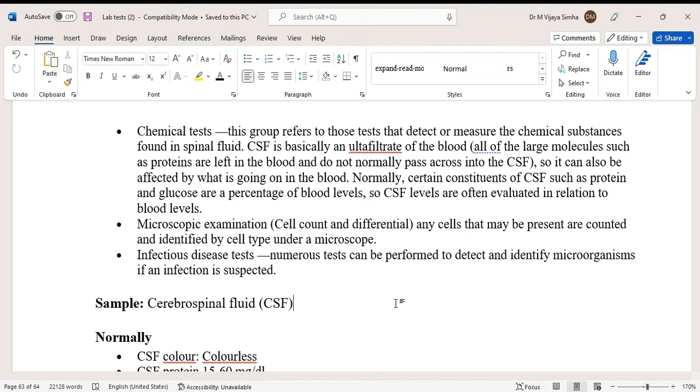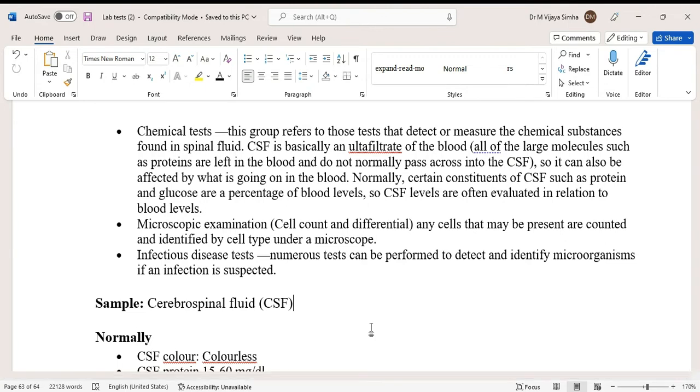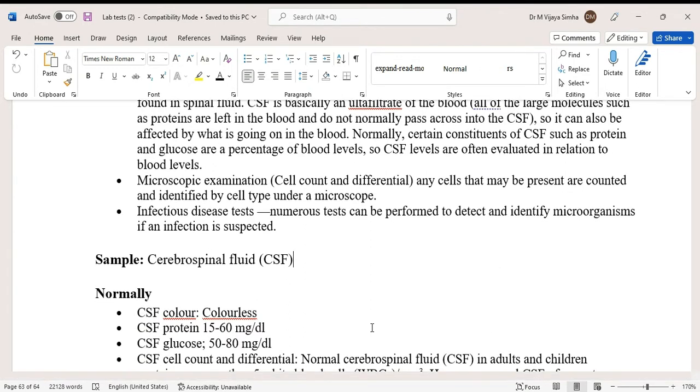So CSF levels are often evaluated in relation to the blood levels. Microscopic examination includes cell count and differential count. Any cells that may be present are counted and identified by cell type under a microscope. Infectious disease tests: numerous tests can be performed to detect and identify microorganisms if an infection is suspected.